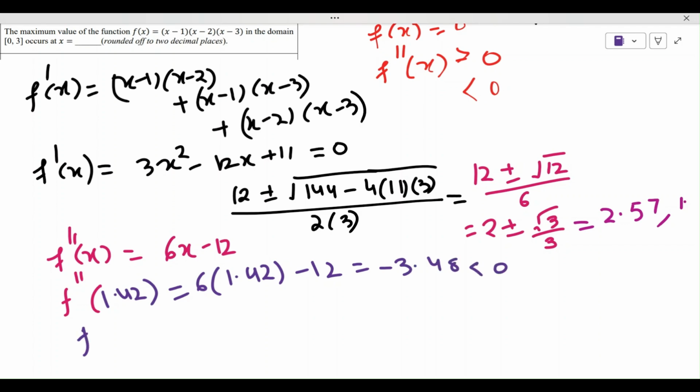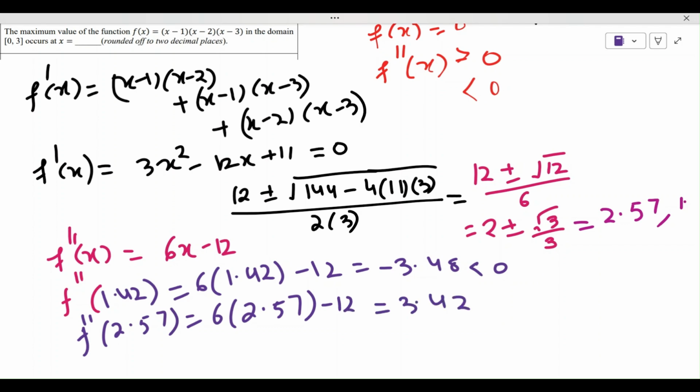F double dash at 2.57 is 3.42, which is greater than 0. It means that this gives you the minimum value, and this gives you the maximum value. So your answer is 1.42.